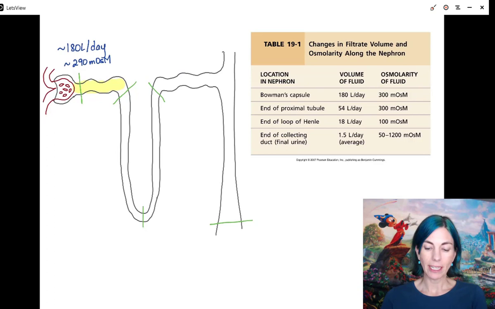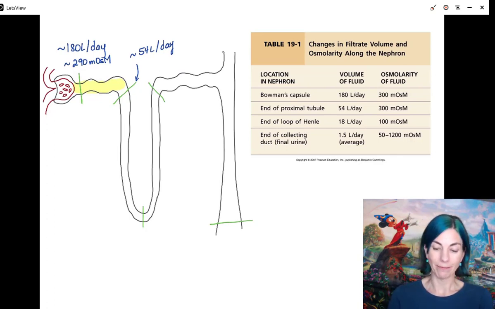And in fact, the amount that crosses this checkpoint is about 54 liters per day. But the osmolarity is still 290.